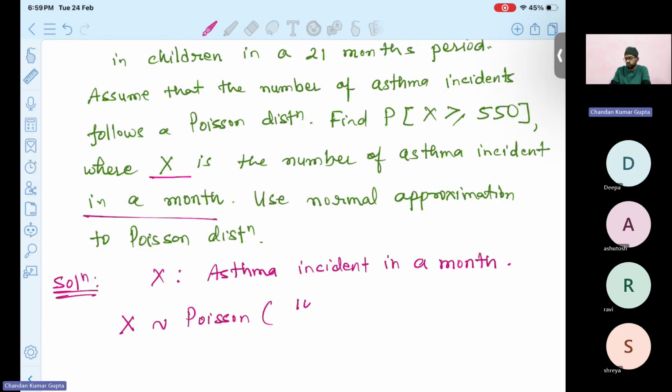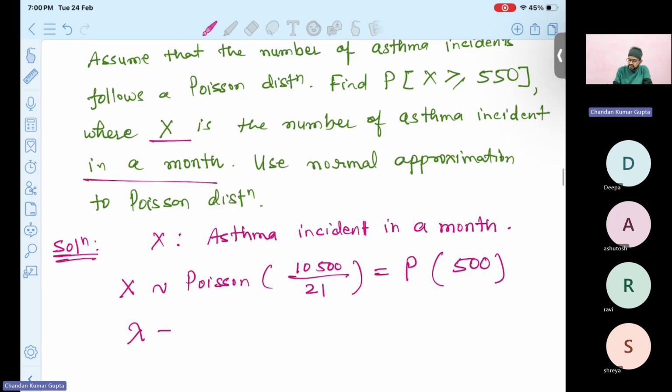The total value is 10,500 and the total months is 21, which is 500 actually. So we have 500 as the lambda value.